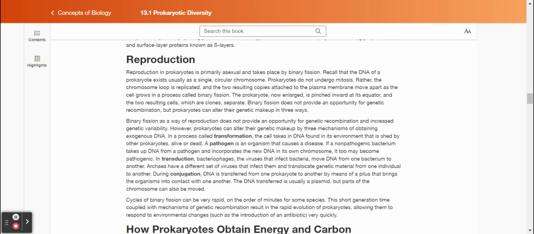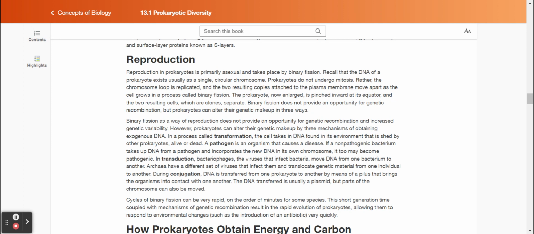Binary fission, as a way of reproduction, does not provide an opportunity for genetic recombination and increased genetic variability. However, prokaryotes can alter their genetic makeup by 3 mechanisms of obtaining exogenous DNA. In a process called transformation, the cell takes in DNA found in its environment that is shed by other prokaryotes, alive or dead.